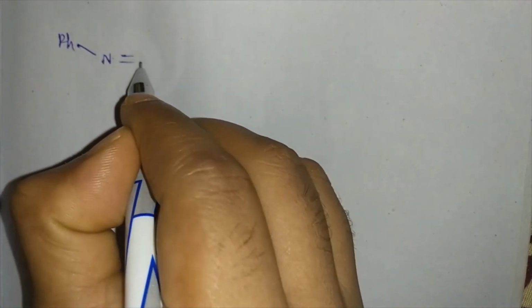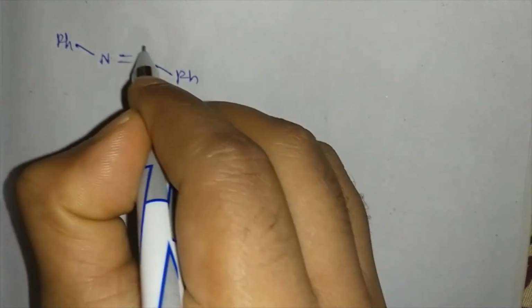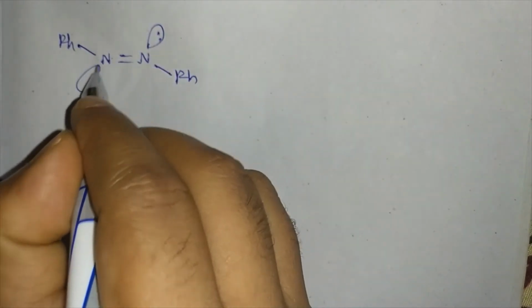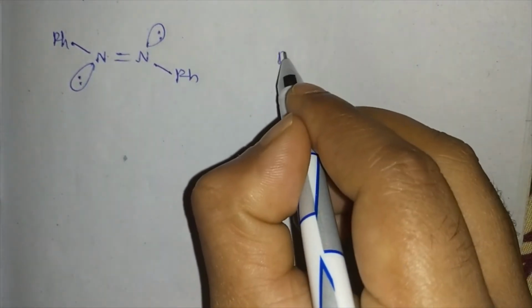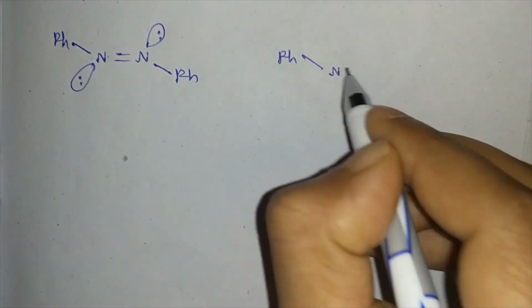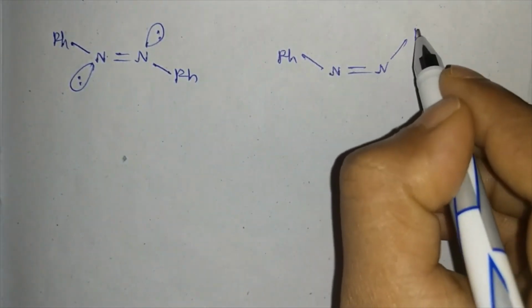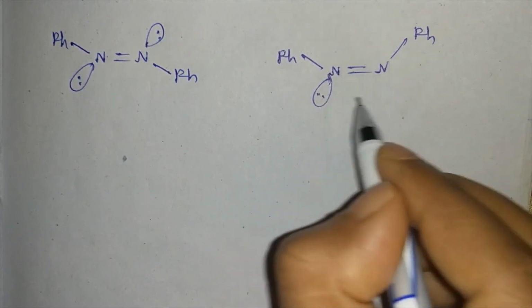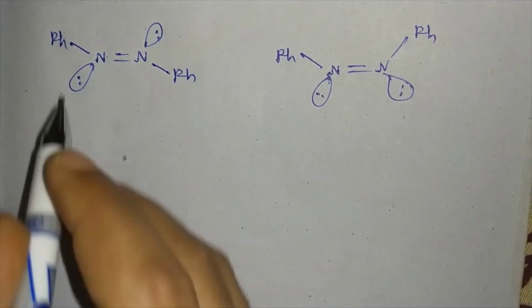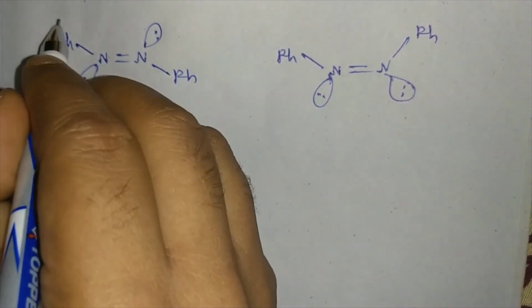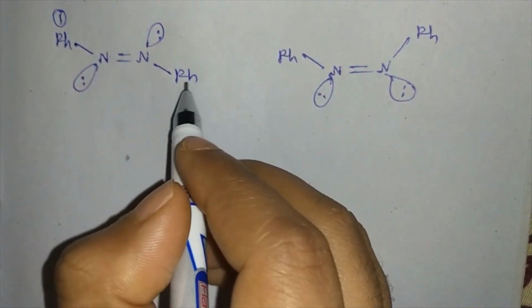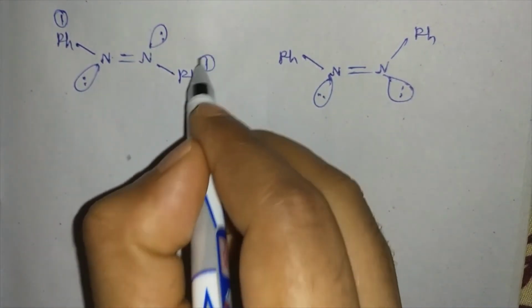We may take another example. Here, between these two groups, this has higher priority, and between these two this has higher priority.